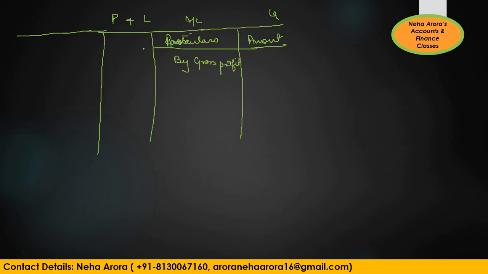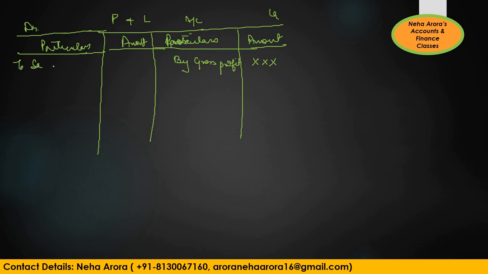Whatever gross profit arrived in preparing the trading account is the one which will be taken over in the P&L account, because that is the profit level to start with. That is the profit that I've earned through my direct operations. I'll be starting my P&L account with that profit and will be deducting the other indirect expenses.